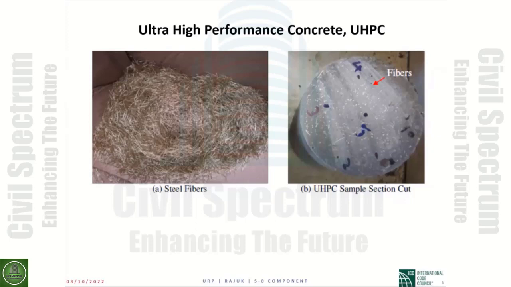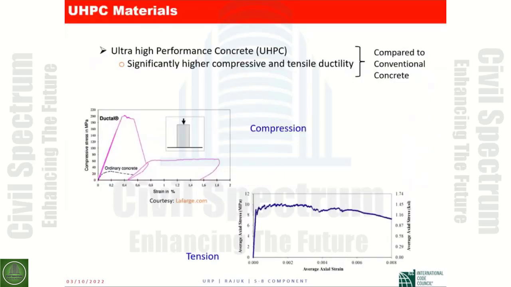And the rest of the ultra high performance concrete is a special grout, and again, they're engineered materials that we are using. What makes this one ultra high performance is that it has a very high compressive strength and tensile ductility.